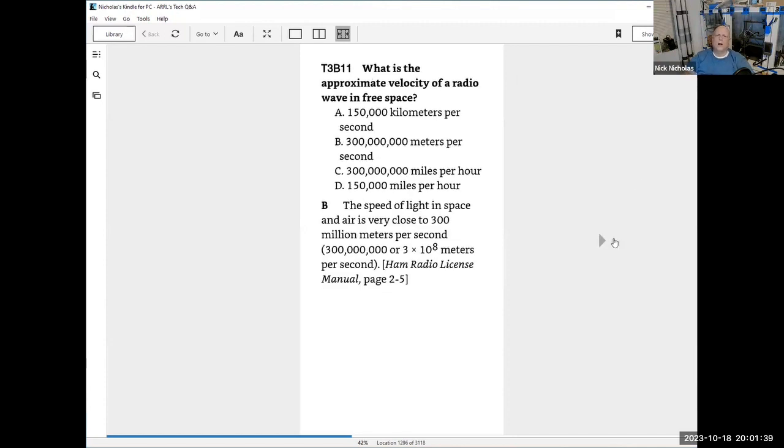What is the approximate velocity of a radio wave in free space? Radio waves, as we said before, travel at the speed of light. And the speed of light is 300 million meters per second.